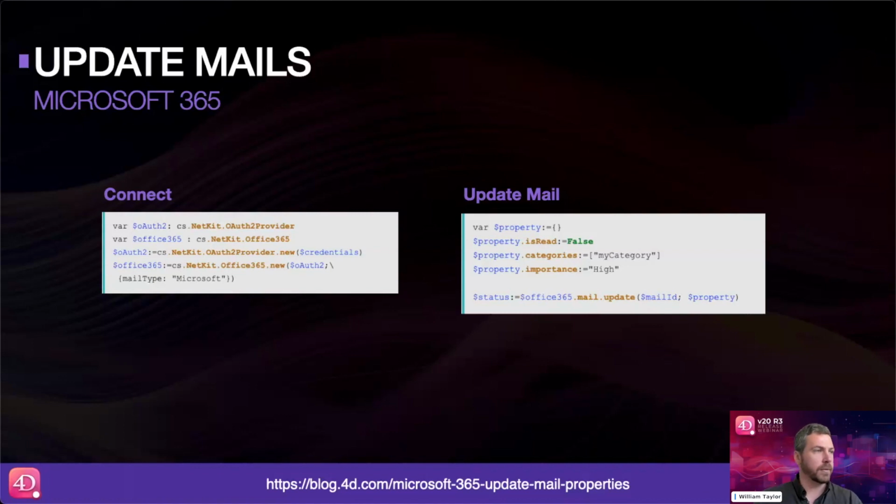Using Microsoft Graph, which is the way that you connect through to Microsoft 365, this feature allows you to modify multiple email attributes. Remember that specific properties such as body or subject can only be updated for emails in the draft status. So don't try to update your sent emails. I don't think it works.